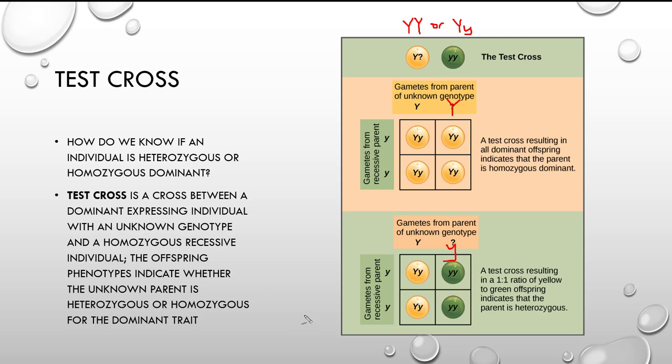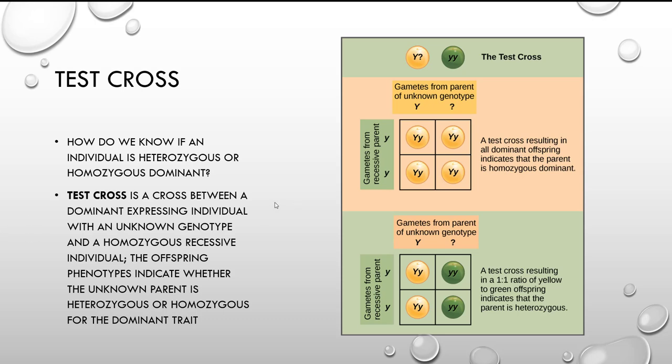So doing a test cross will give us an indication of what the genotype is of the mystery plant, whether it's homozygous dominant or heterozygous, just by looking at what the offspring ended up being.